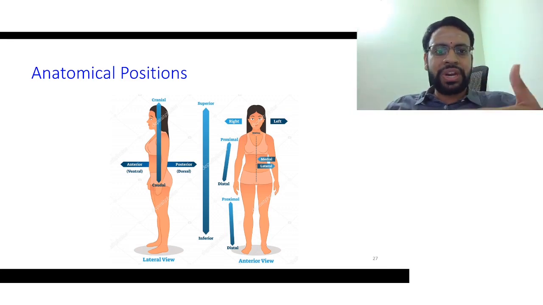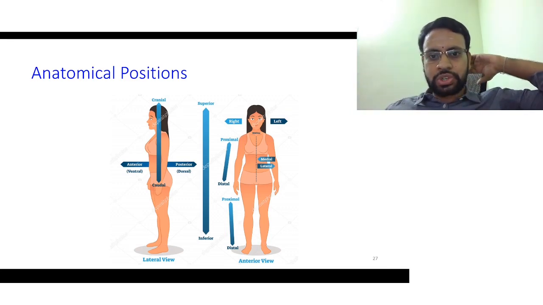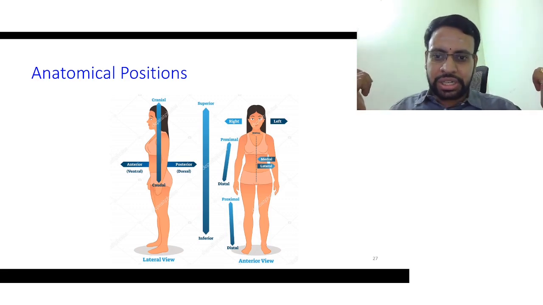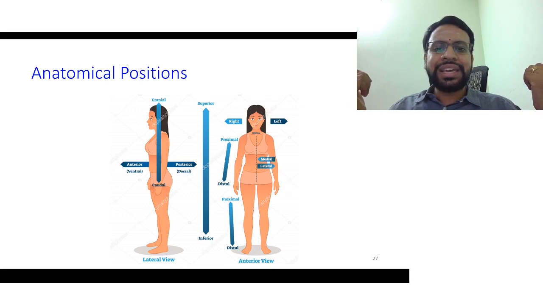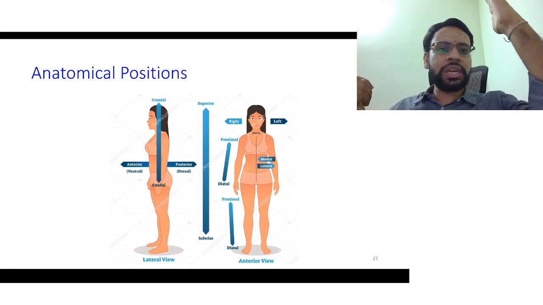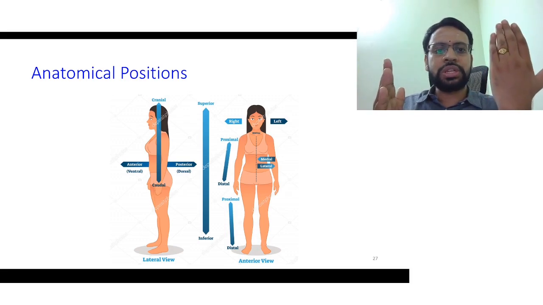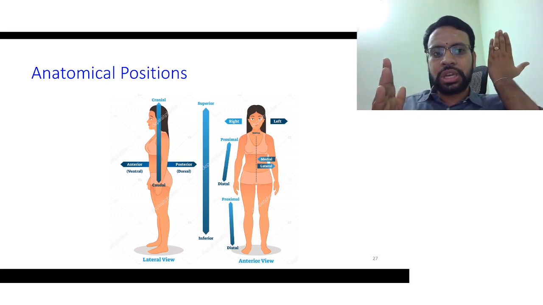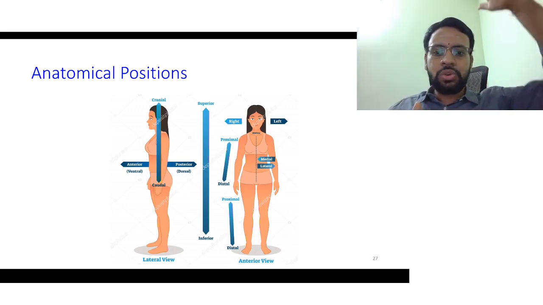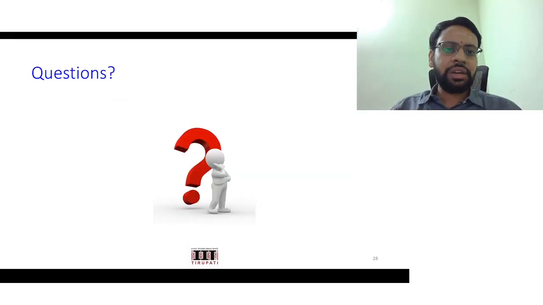From front to back: front is anterior, the back is posterior. Another is of course left and right. And another important one is inferior and superior. Inferior is down and superior is up. It is enough that you know these things: anterior to posterior, left and right, and inferior to superior. With that we will stop this introductory lecture.